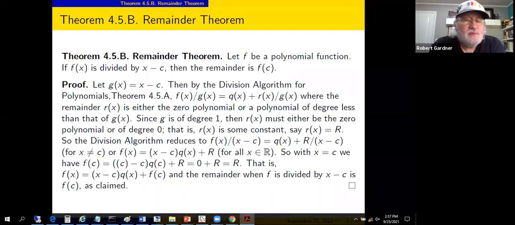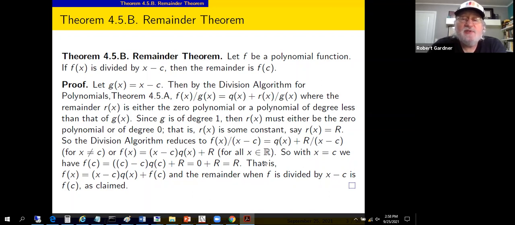Then set x equal to c, and we'll have f of c equals c minus c times q of c. Wherever there's an x, I'll replace it with a c. This gives us a c minus c. Well, that's 0 times something. 0 times anything is 0, plus the remainder r. No c's in that, no x's in that.